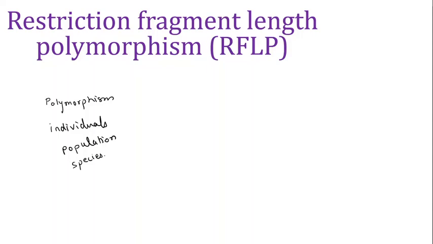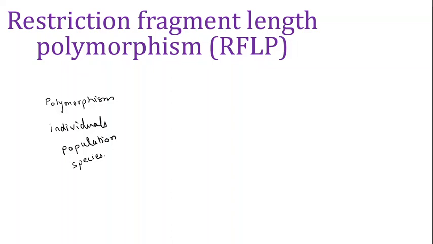As you know, restriction enzymes cleave at specific sites. There are restriction enzyme recognition sites present within the DNA of any organism, and there are multiple sites for these restriction enzymes. We may take one enzyme or two enzymes, depending upon our requirement. We take the restriction enzyme and we digest the DNA.